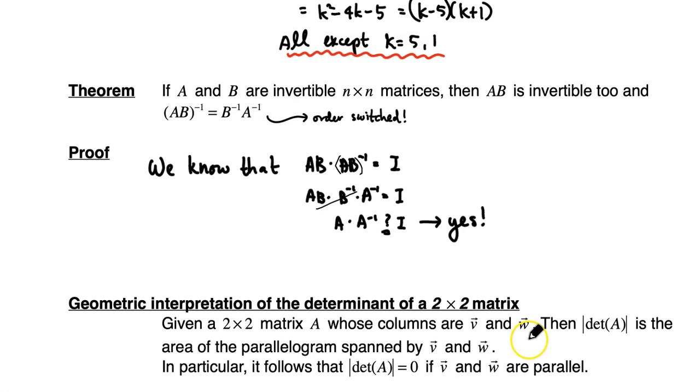It has a small sub-application, and that is that if the determinant of A is 0, then the two vectors are parallel, because the parallelogram spanned by v and w would have no area, and the only way this happens is if these two vectors are parallel. Or, well, it's not an or, it's included if v or w are 0 themselves, but that counts as parallel to any other vector.